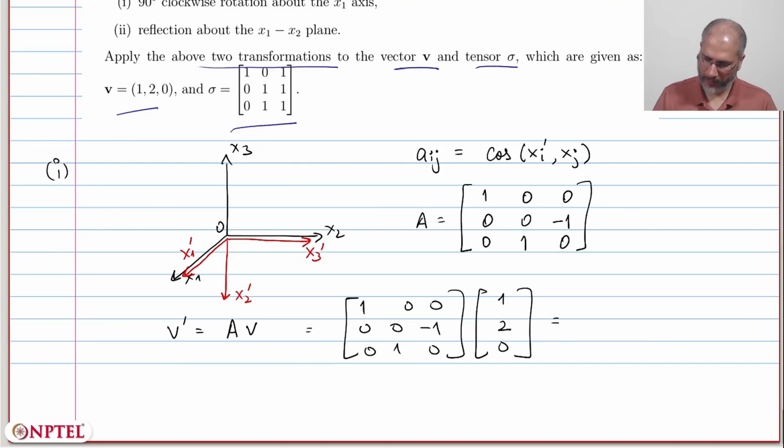If you do that, you get the vector 1 0 2. So this is equal to your v prime. This means that v prime is 1 times e1 prime plus 0 times e2 prime plus 2 times e3 prime.